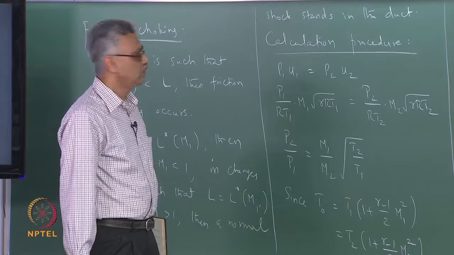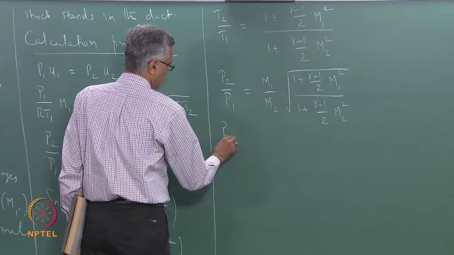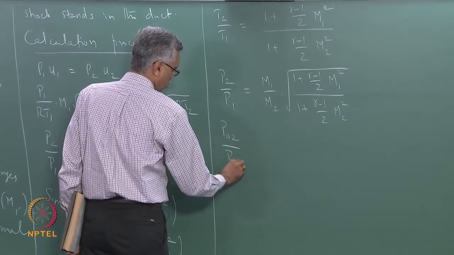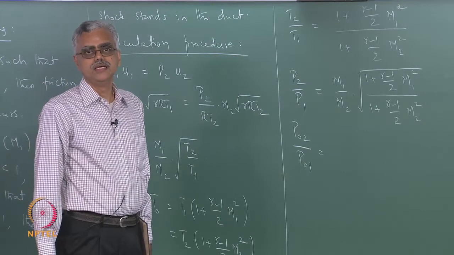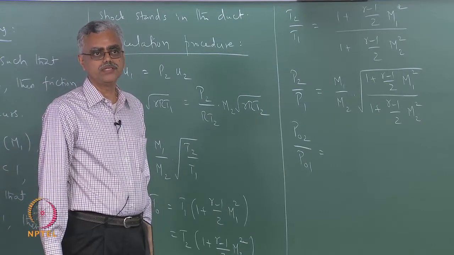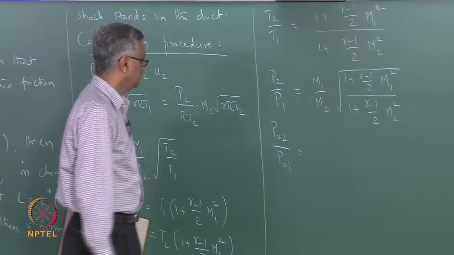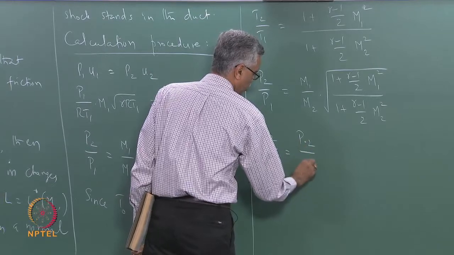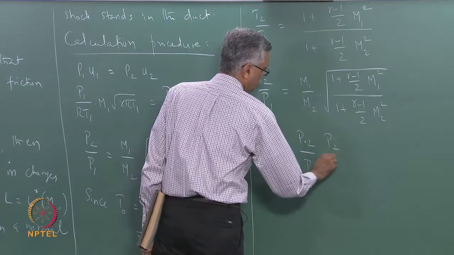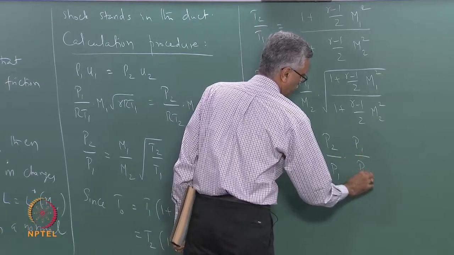And I can write P02 over P01 in the same way as we did earlier. Remember, this is a flow with friction, which is an irreversibility. So, the entropy increases and there is a loss of stagnation pressure as a result of the increase of entropy. So, P02 over P01 can be written as P02 over P2 times P2 over P1 times P1 over P01.